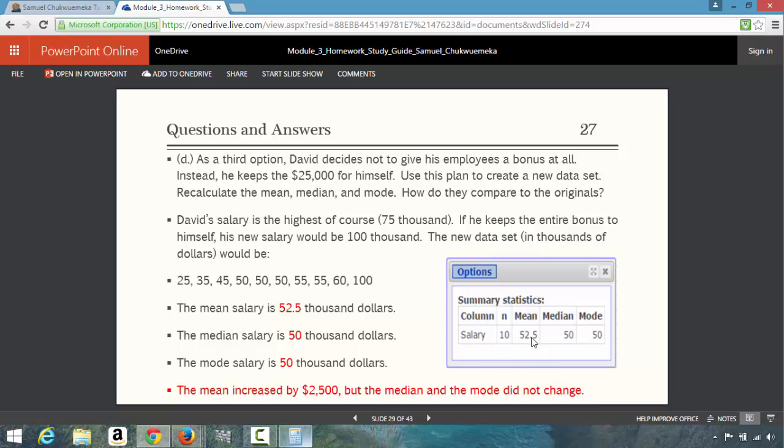From 50 to 52.5, it increased by 2.5, and that 2.5 is 2,500 if you multiply by 1,000. So the mean increased by 2,500, but median and mode did not change. For each option you do, you compare it with the original data of 50 mean, 50 median, 50 mode.